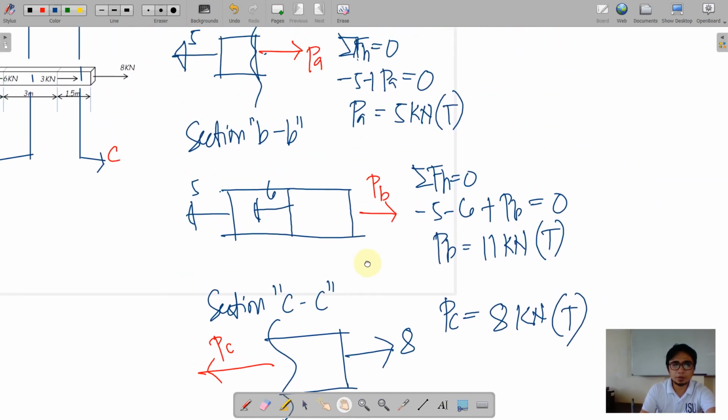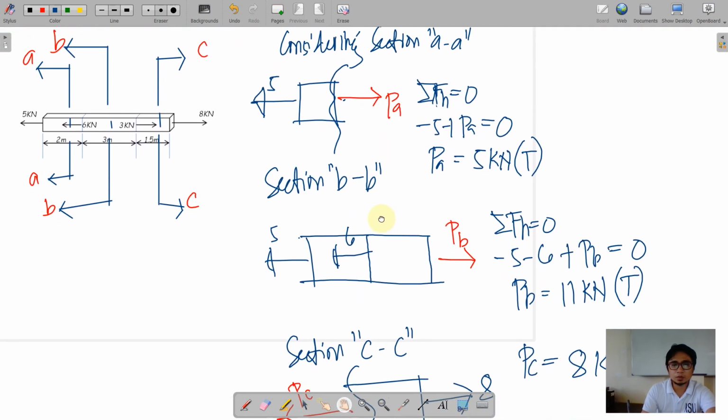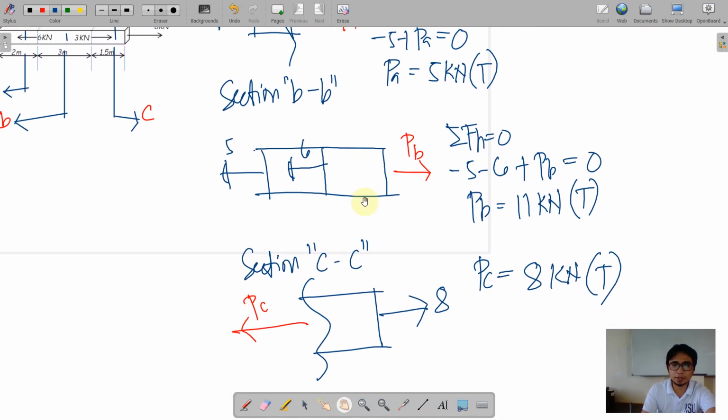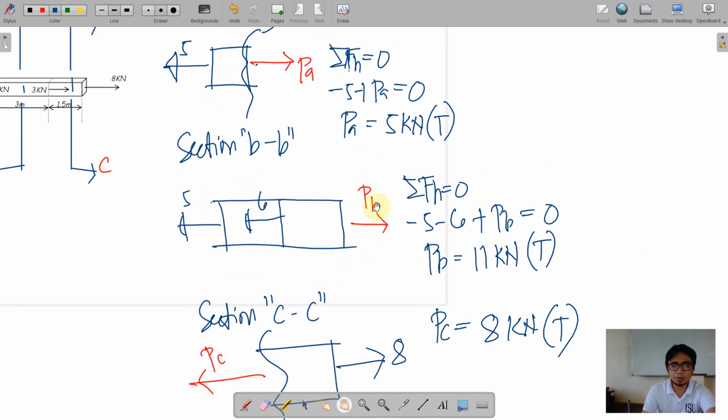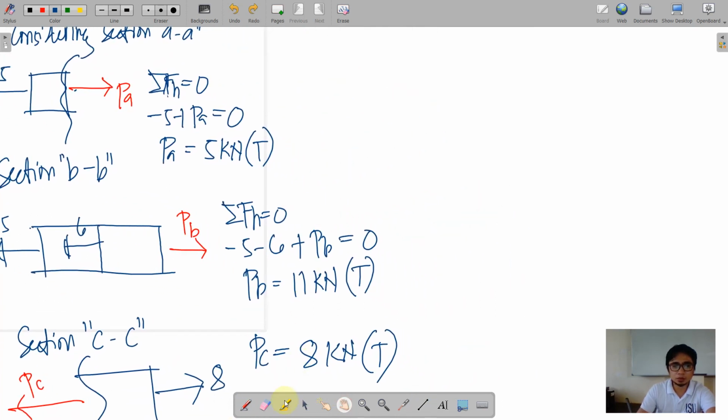So in our solution, there is no single force that is in a compressive orientation. So therefore, the deltas will just add. Okay, so delta total is equal to summation of delta.